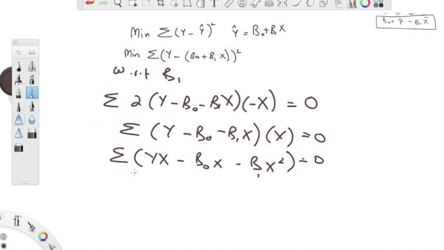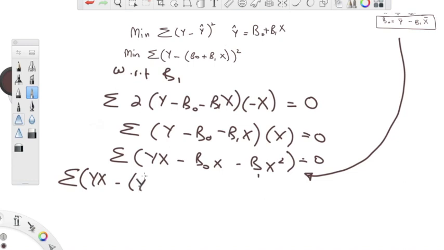And now you can substitute this equation that you derived earlier for beta naught into the equation, and you end up with sigma yx minus y bar minus beta 1x bar times x minus beta 1x squared equals 0.